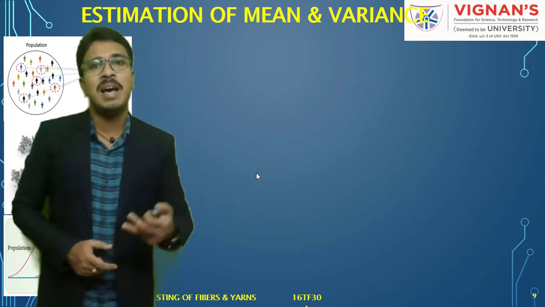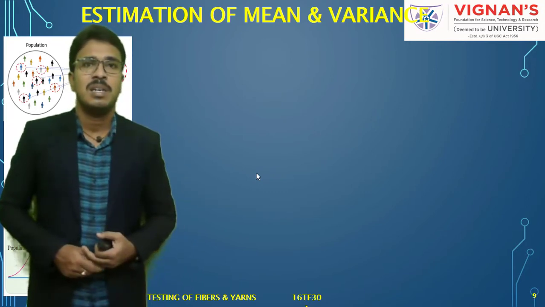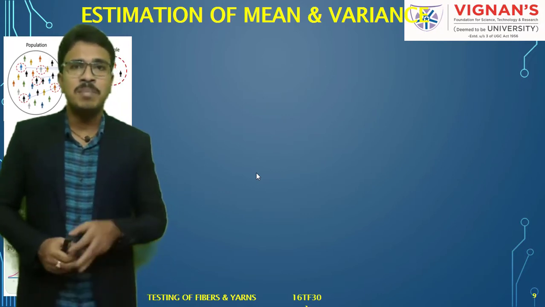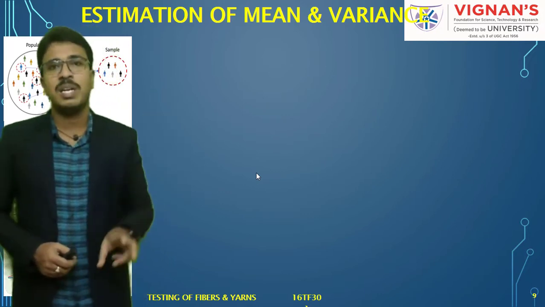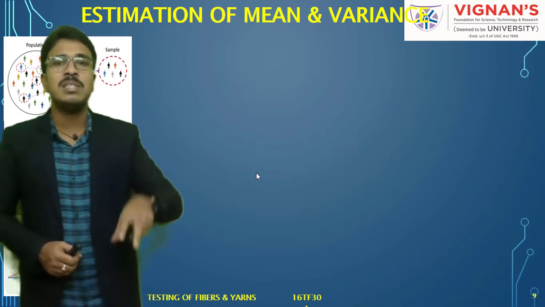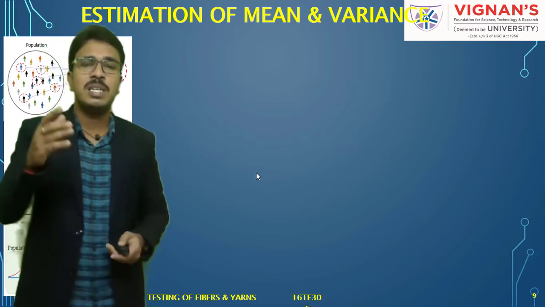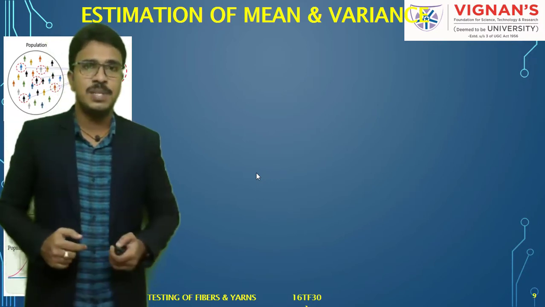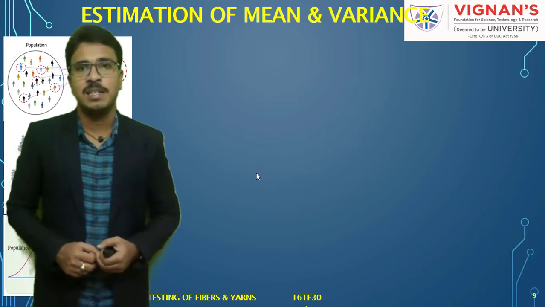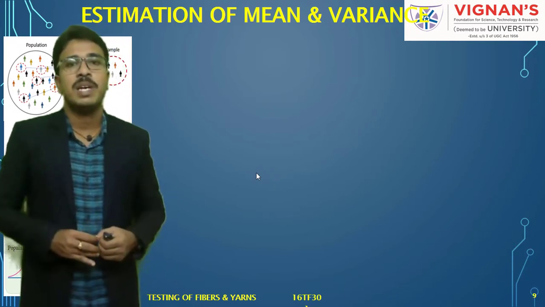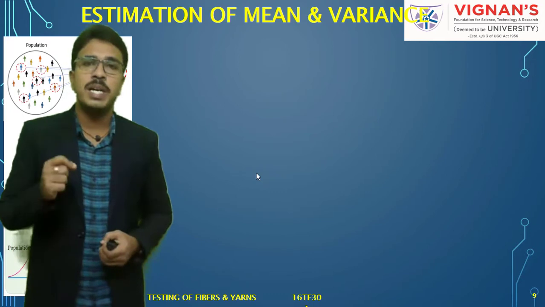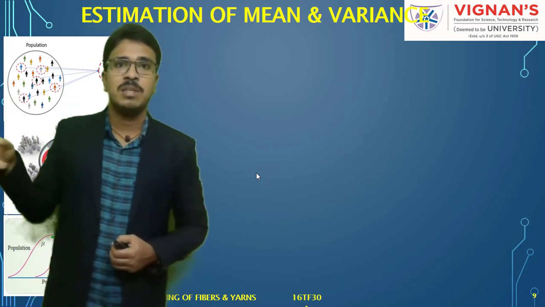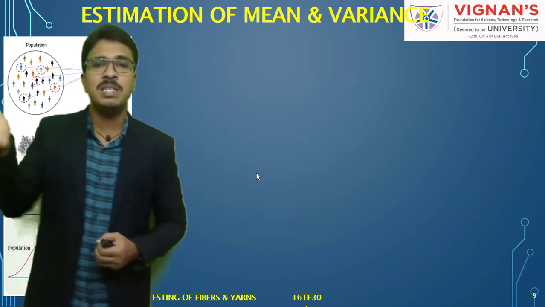Mean is nothing but the average of the test results. Variance is, from the mean, whatever results you are getting, how they vary. What is that variation between your mean value and your test results? That is called variance. In this topic we are going to discuss how to estimate the mean and variance of the population parameters.